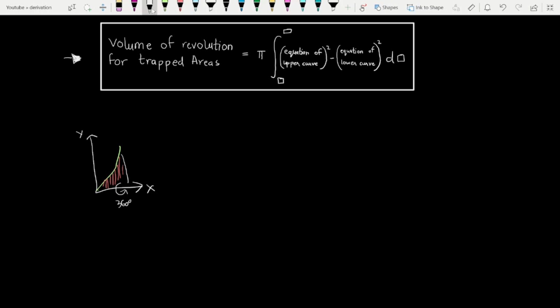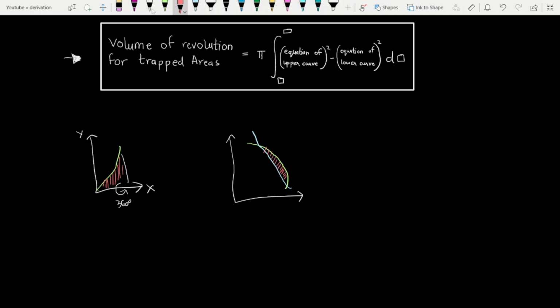However, in this video, we're trying to find the area that is trapped between two curves. So let's say something like that, and then something like that. Hold on, I'm going to try and draw that a little more clearly. Something like that, and let's say there's this area trapped between these two curves.